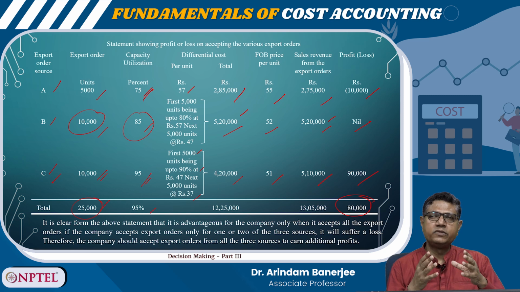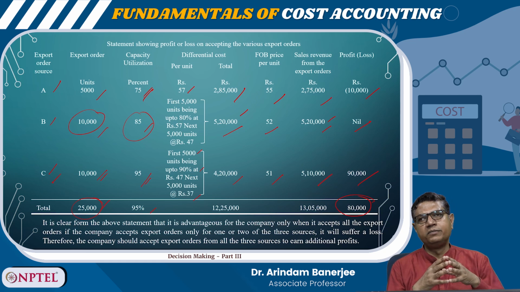When it comes at a price lower than the domestic market, the first thing we should do is see what incremental cost we are incurring, right. This incremental cost should be accompanied by an incremental revenue, so the two have to be compared, right.